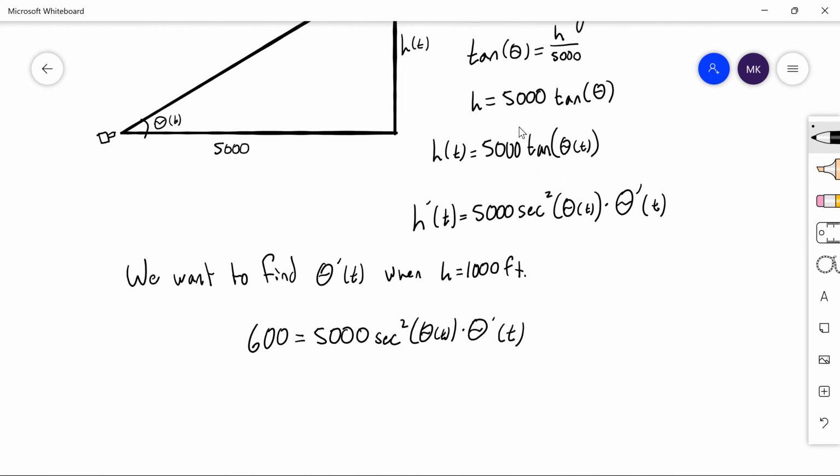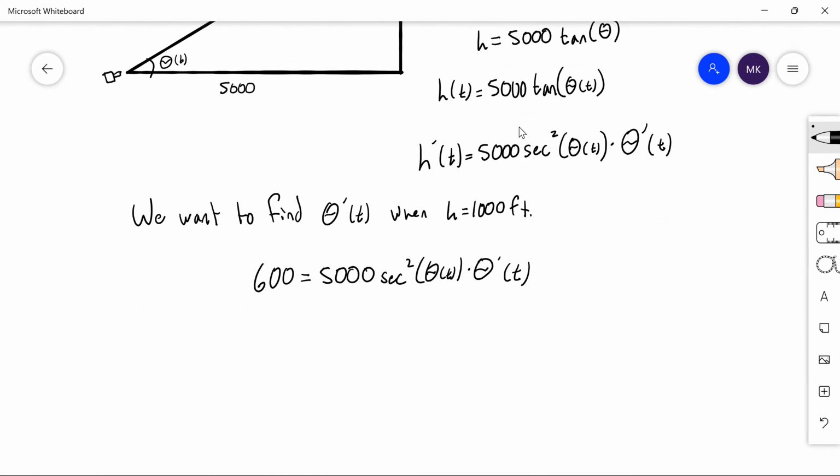And so we need to find secant squared of theta when h is 1,000.